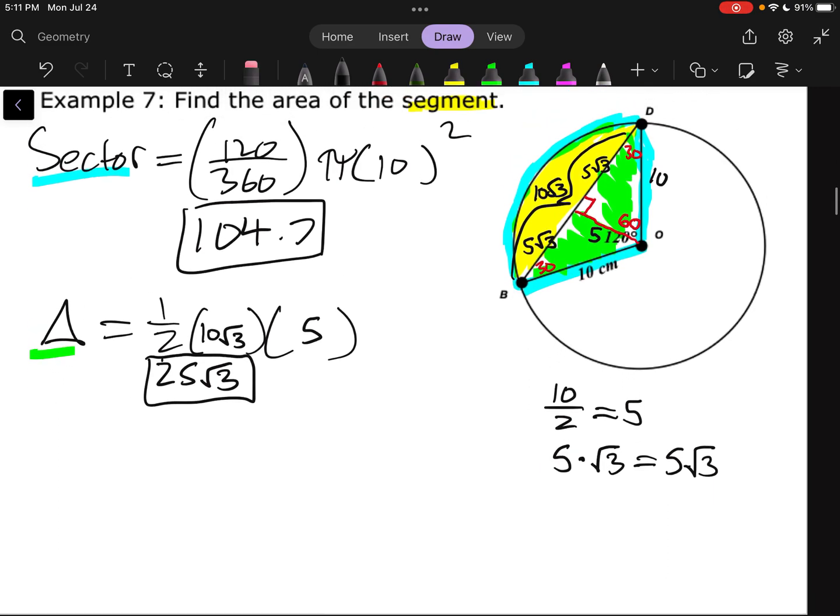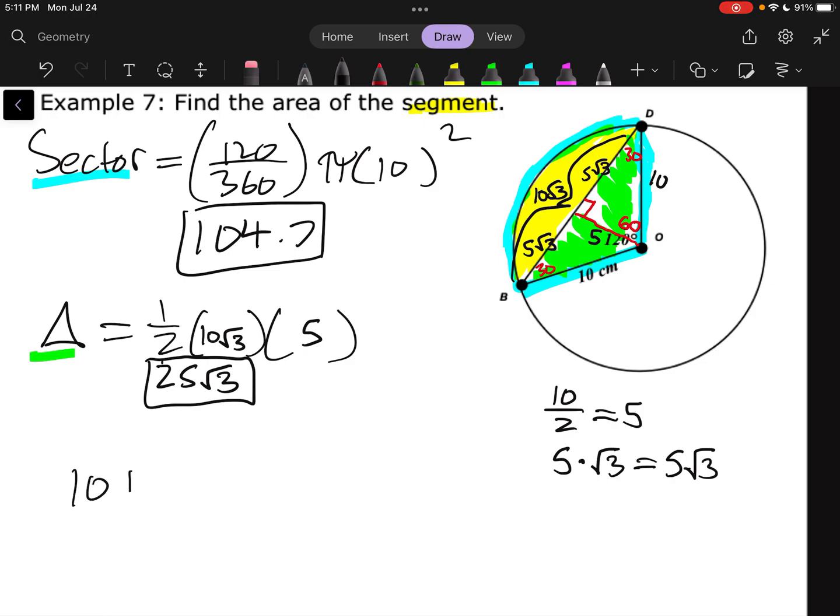To find the area now, I will do 104.7 minus 25 root 3. Since I already rounded the 104.7, I'm just going to round the whole thing here. 104.7 minus 25 square root 3, I'm getting 61.4 centimeters squared.